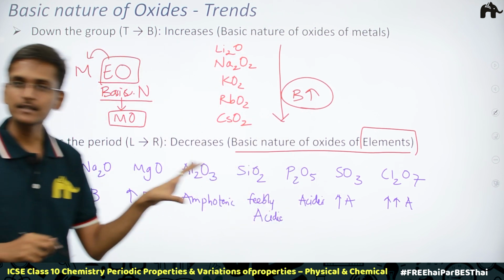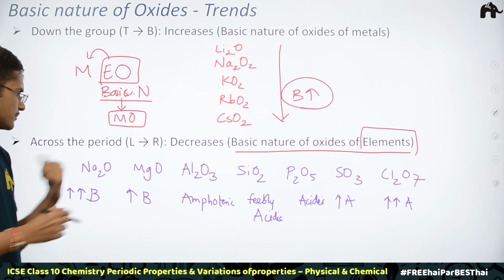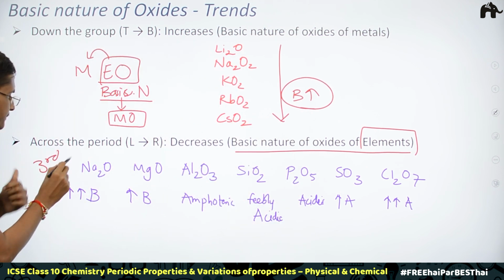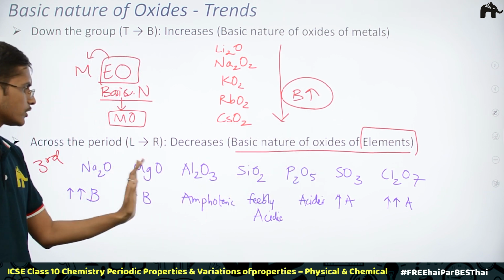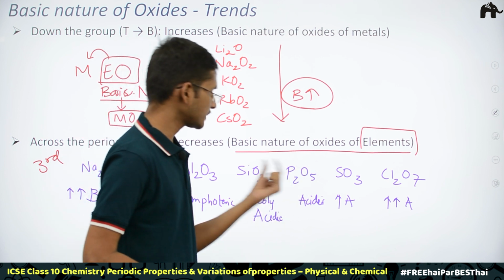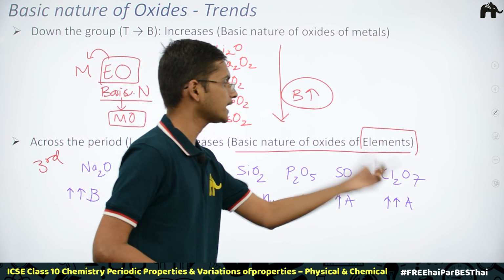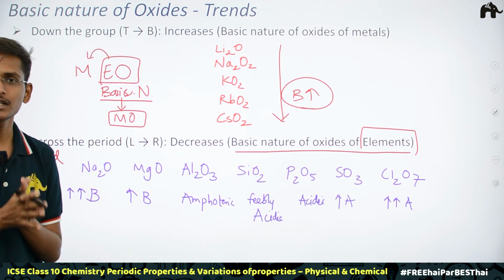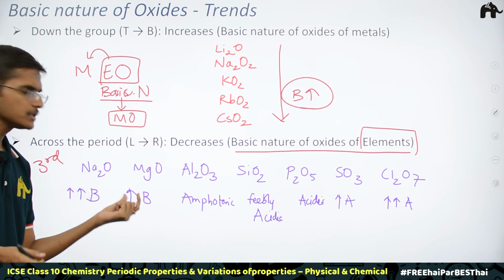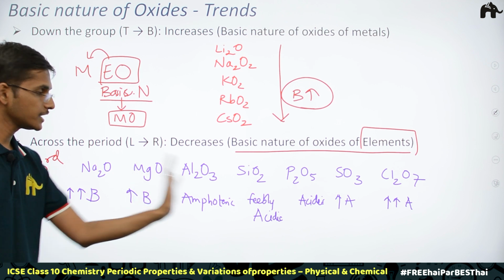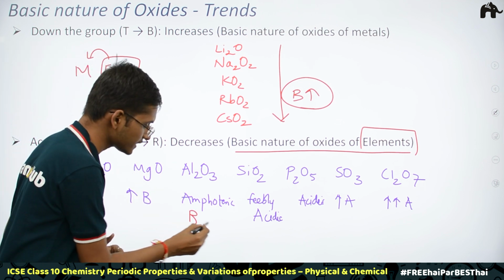In this case, we are taking the example of third period elements. These are the oxides of the elements: Na2O, MgO, Al2O3, SiO2, P2O5, SO3 and Cl2O7. So what is happening to their nature? Na2O is very strongly basic, MgO is somewhat less basic, but Al2O3 has both basic and acidic character.